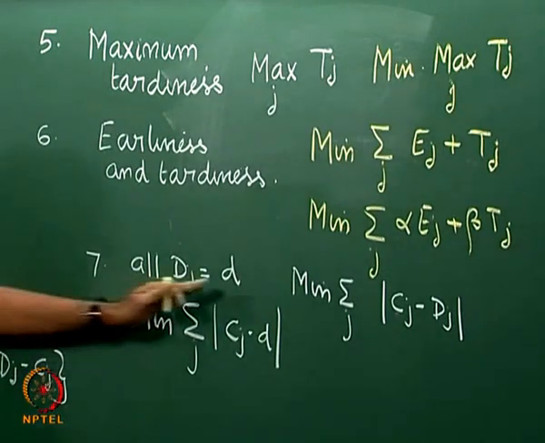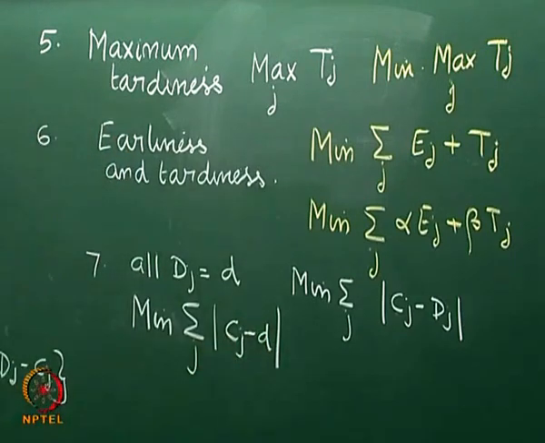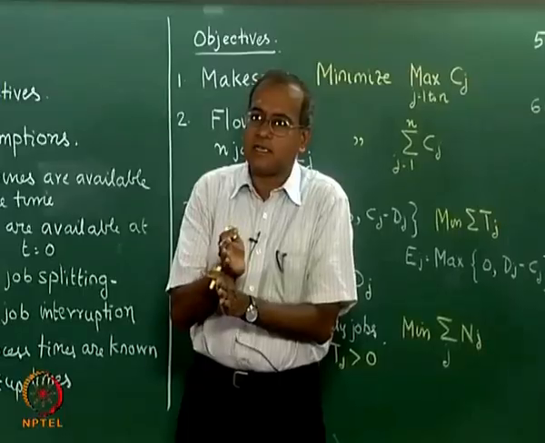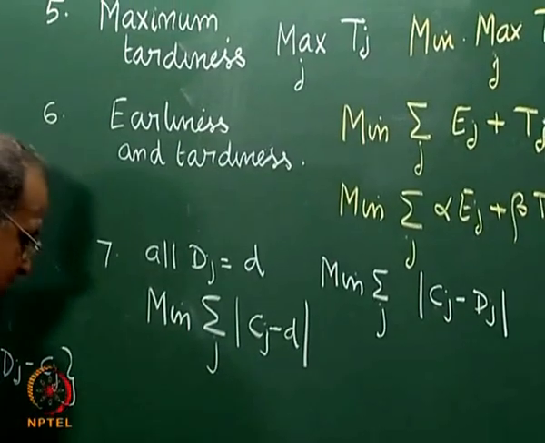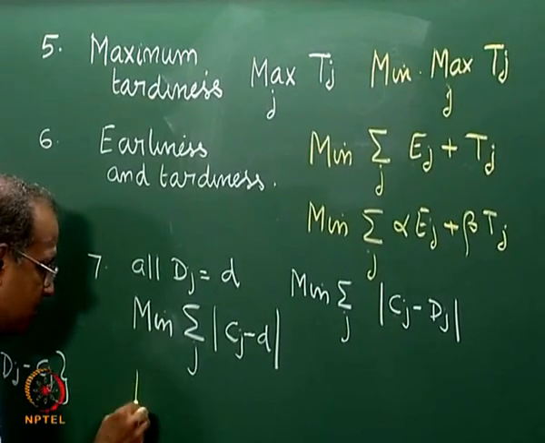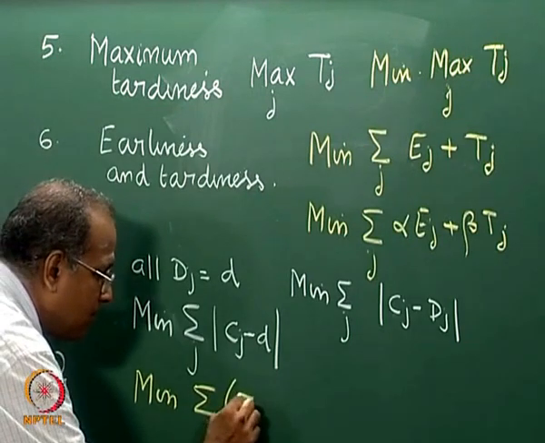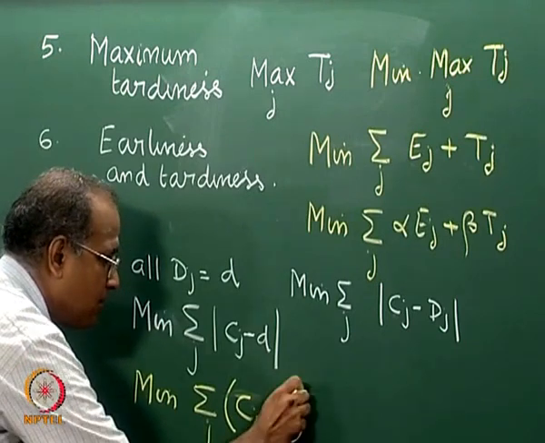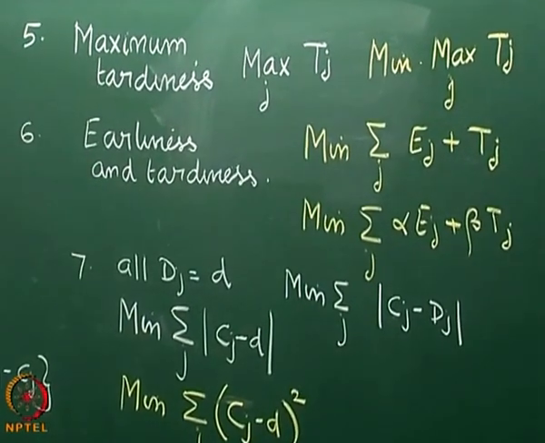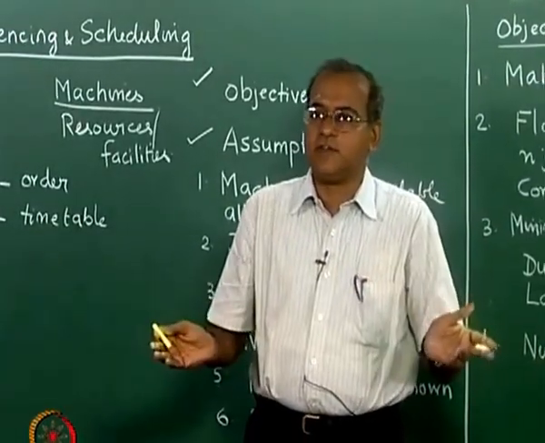If we make a further assumption that we want to give larger penalties for larger deviations, then this can be approximated to minimize the sum of the squares of Cj minus d. Now when we square the differences, we give a larger penalty for a larger deviation.